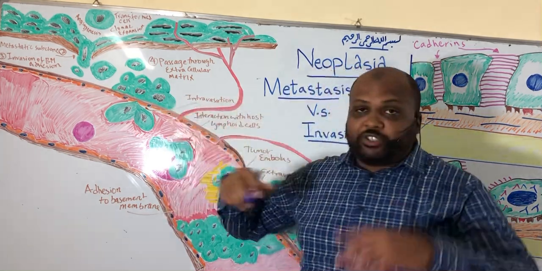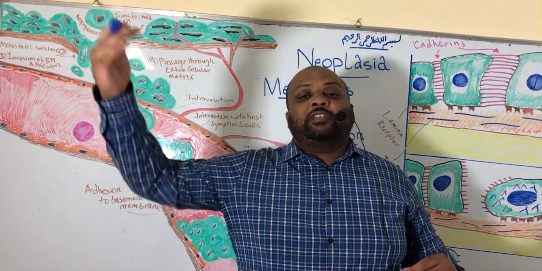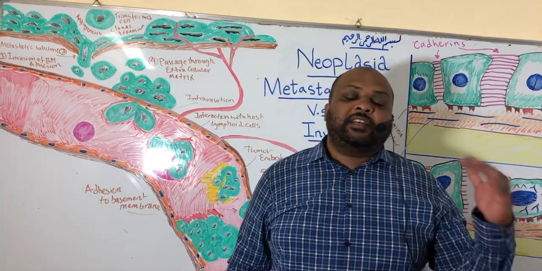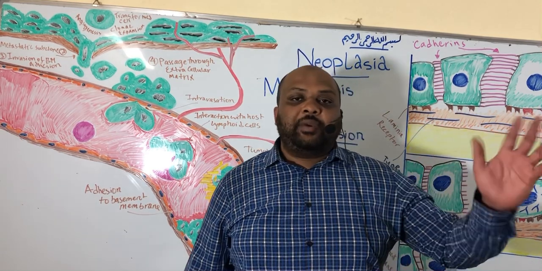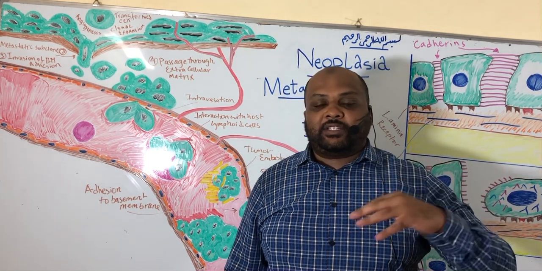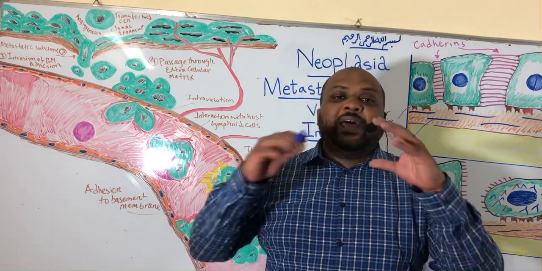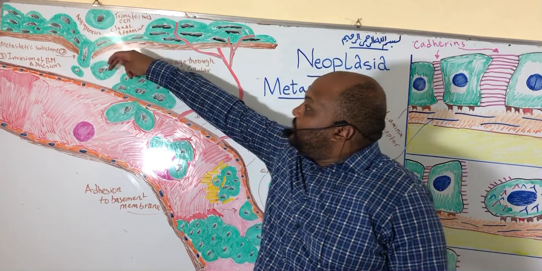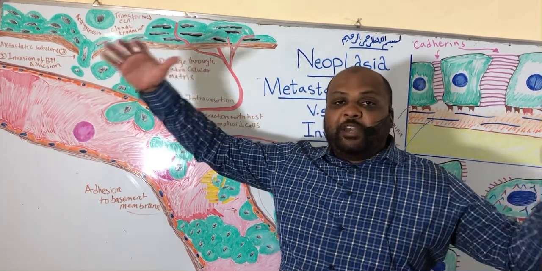After the cell has now transformed, whether by a defect in genes that lead to the promotion of uncontrollable cell division, or by a defect in the genes that lead to inability in transcribing or translating those anti-cancer proteins, we will now have a transformed cell. That transformed cell will start to undergo clonal expansion throughout the basement membrane.